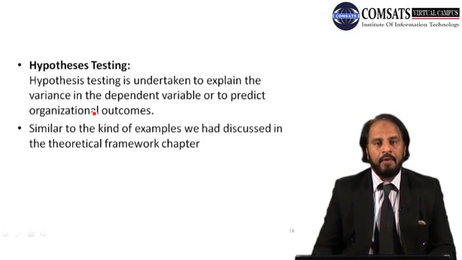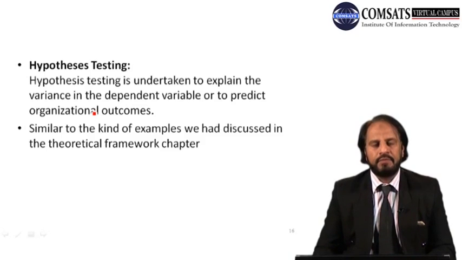Usually all the hypotheses we looked at in the previous session, if you remember, were all basically trying to predict or theorize certain things, such as the motivation level of men is more than women. Again, we're trying to predict, we're trying to theorize something. Similarly, we're saying the more training an individual gets, the higher the performance of the organization will become. Again, we're trying to explain the variability in the dependent variable because of an independent variable.